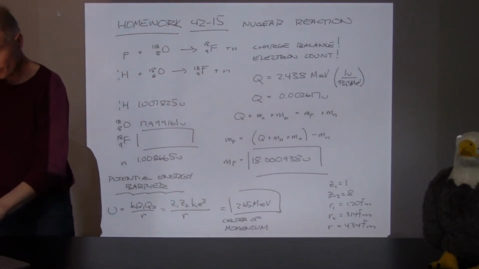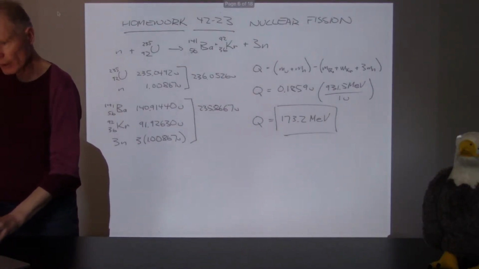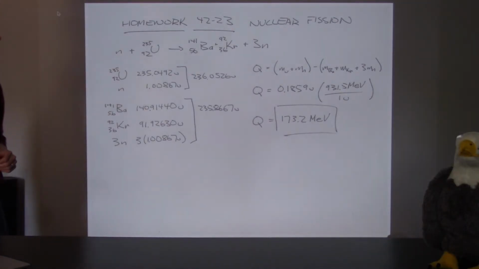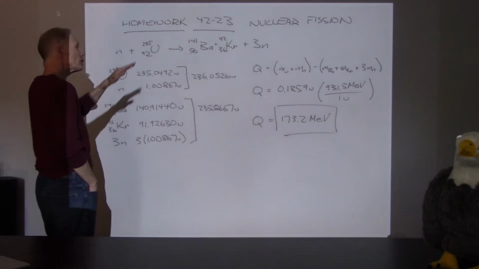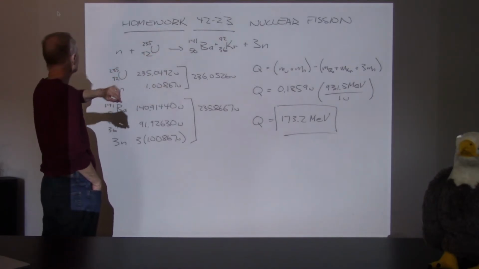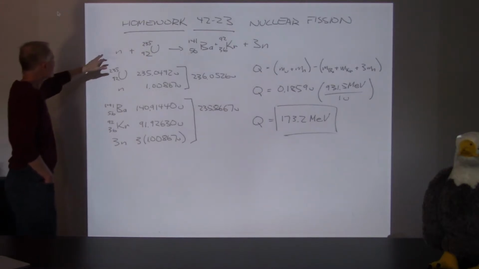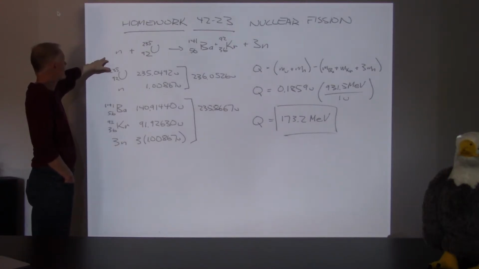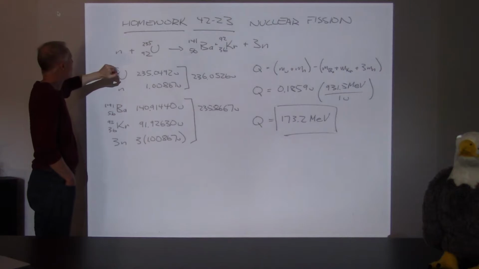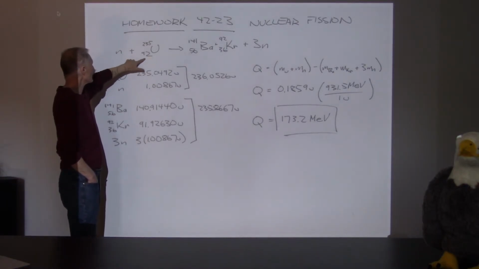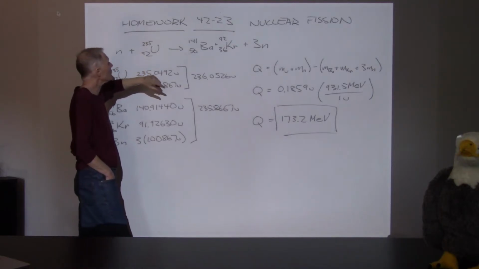All right. So a couple of those reactions. Let's move on, and here is a fission example. So we want to look at nuclear fission also, and let's talk about this a bit. This is the example that was given in the book, and in this reaction, we have a neutron that reacts with uranium-235.